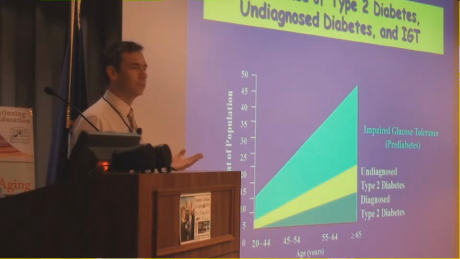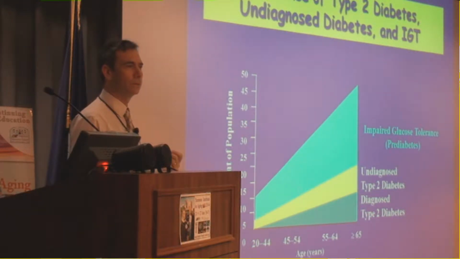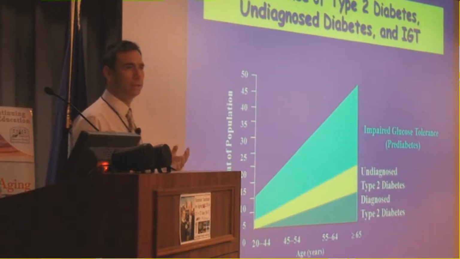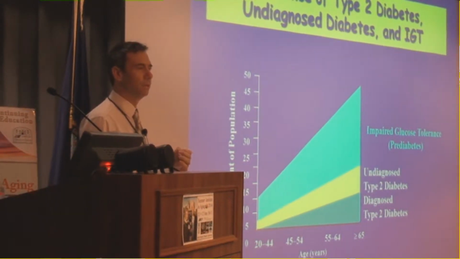And so why is it increasing so much? There are two main reasons. One is obviously obesity. As people around the world are eating more calories and doing less physical exercise, people are gaining weight, and obesity itself is a major risk factor for developing type 2 diabetes.